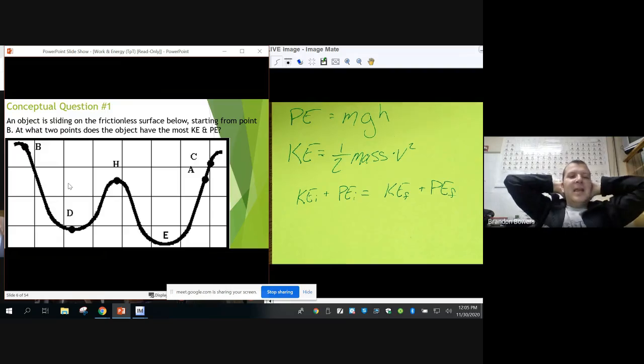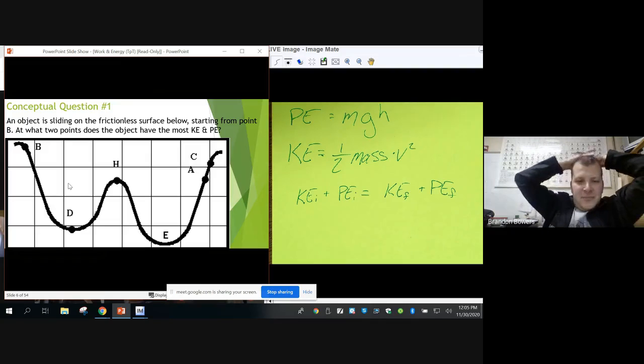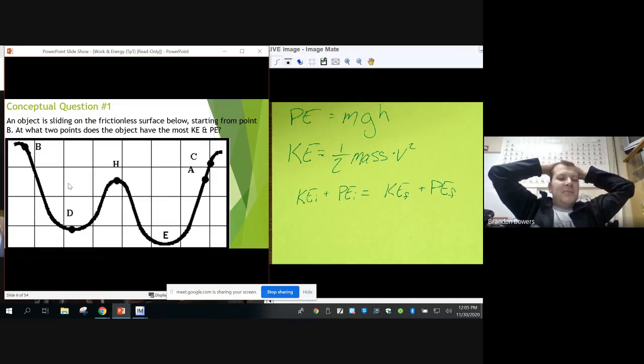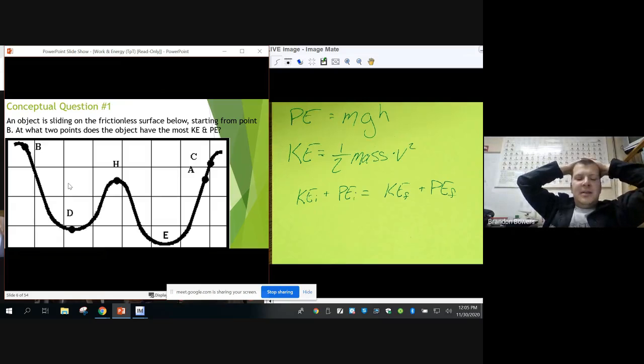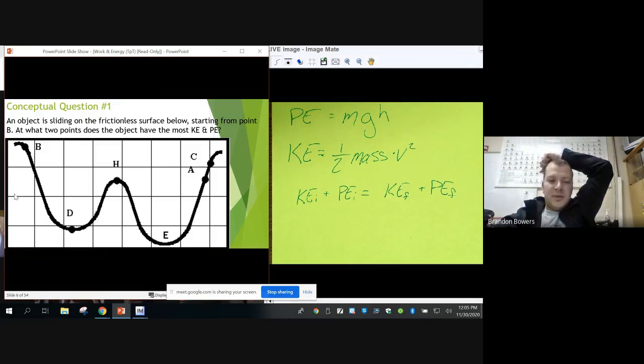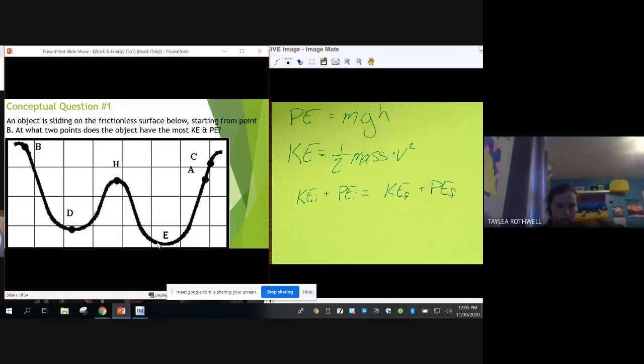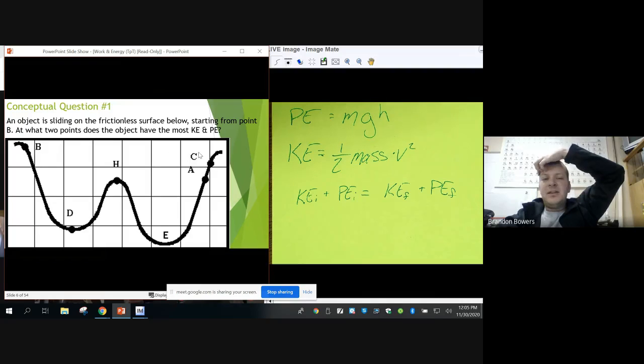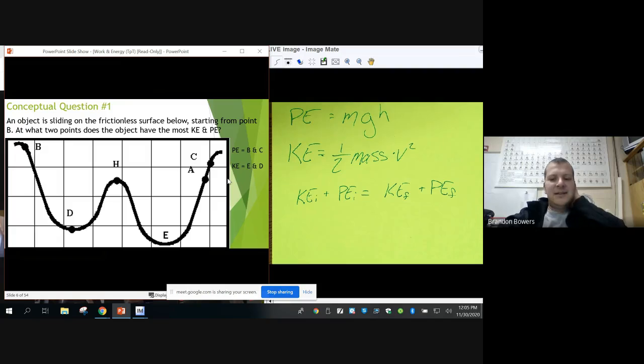Starting from point B, at what 2 points does the object have the most kinetic energy? E and D is the correct answer. E and D are the lowest points, so that's where it's going to have the most kinetic. Where's it going to have the most potential? B and C, right? Those are the 2 highest points. So B and C are the most potential, E and D are the most kinetic. Does that kind of make sense?